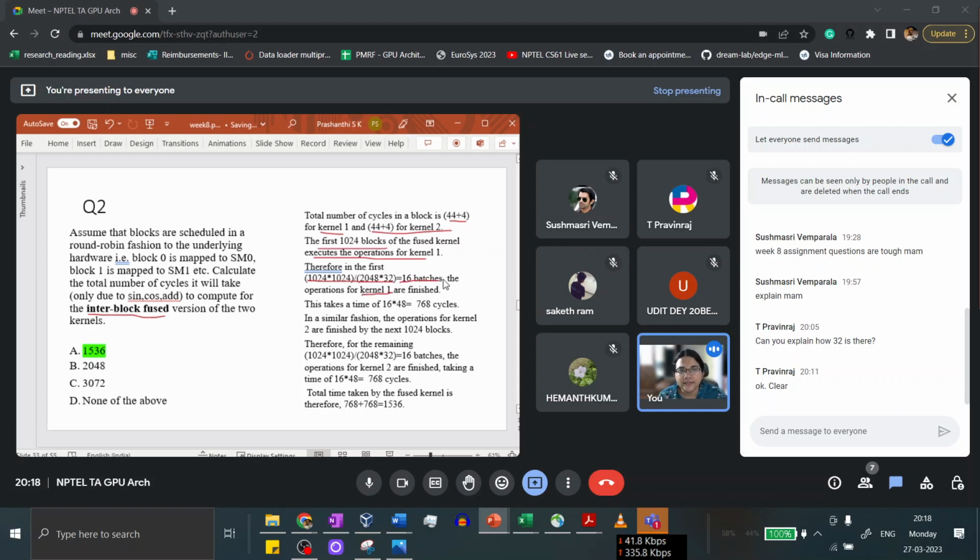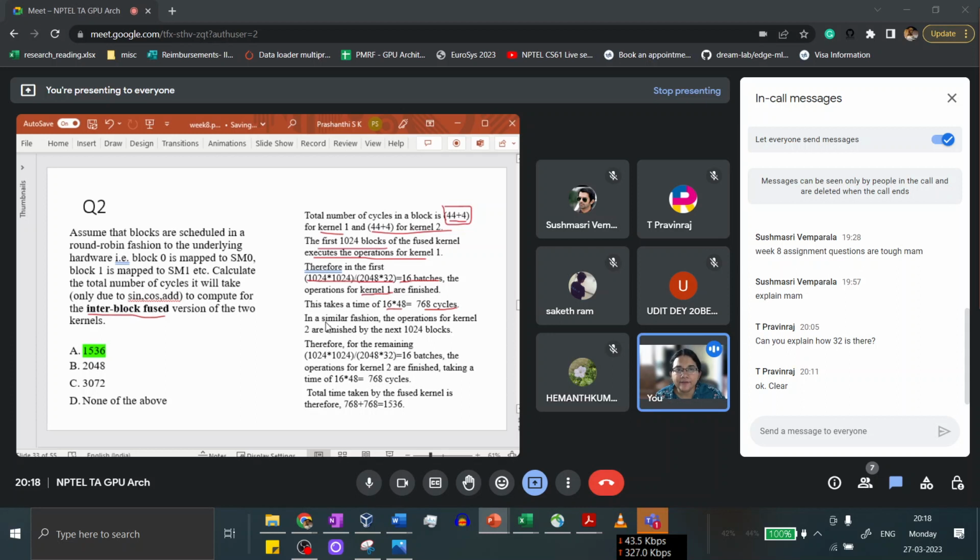For these 16 batches, what is the time in cycles? It takes 44 plus 4, which is 48 cycles for one batch. So for 16 batches, it takes 16 into 48, which is 768 cycles. Remember that this is only for kernel 1.